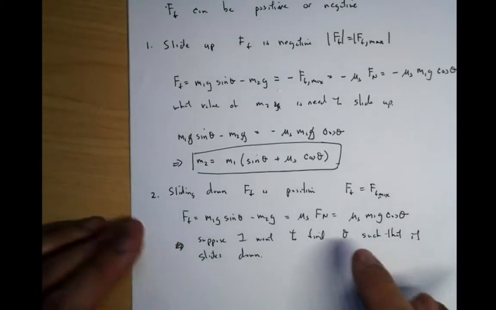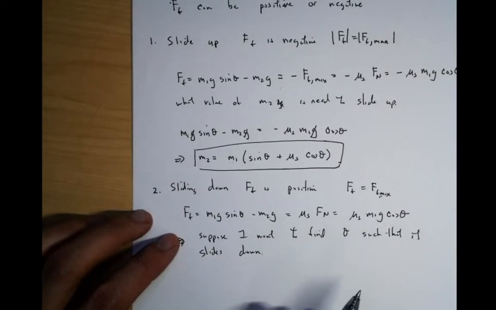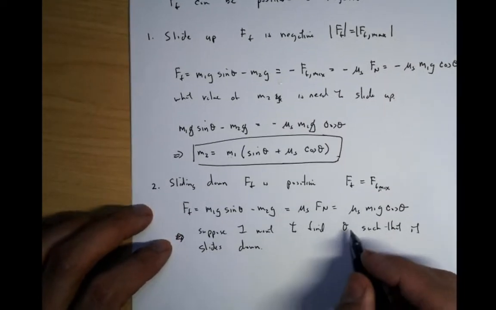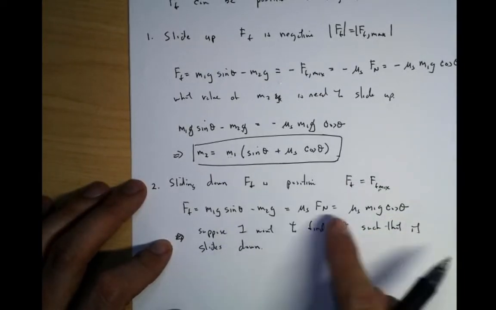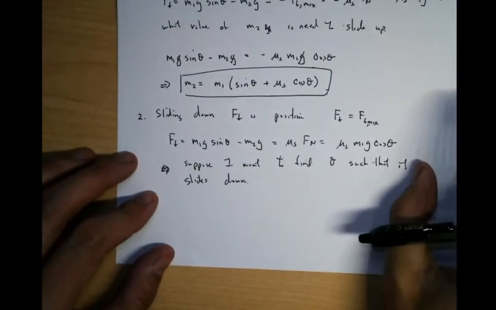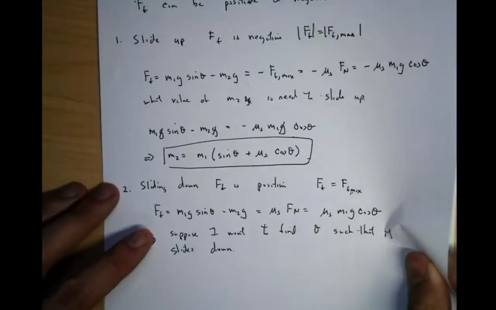Okay, so I have to find some theta for which this will work. Okay, so let's go ahead and try to figure this out. The issue here is that you have cosine theta and sine theta on both sides. That makes it a lot more annoying.